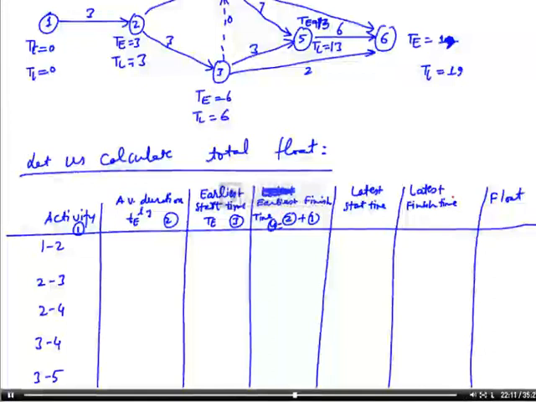First we will calculate latest finish time. So this will be given as TL of j. This will be column 6. Now latest start time can be calculated from latest finish time minus average duration of the project. So this will be 6 minus 2. This will be column number 5. And now at the last, float or total float will be difference of latest start time and earliest start time as said in the calculation. So this total float will be column 5 minus column 3. So let us calculate.